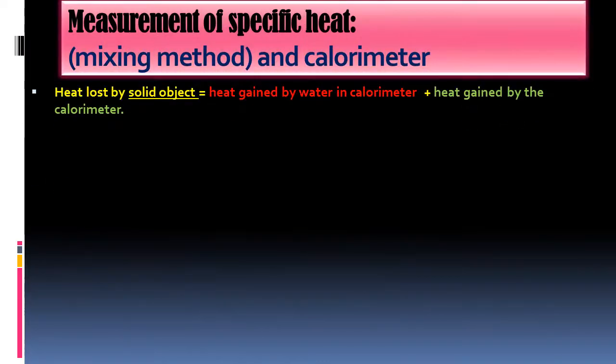Now, heat lost by the solid object equals heat gained by the water in the calorimeter plus heat gained by the calorimeter.